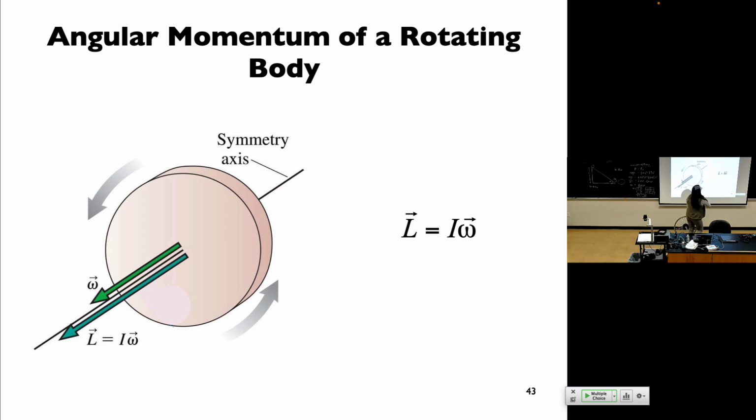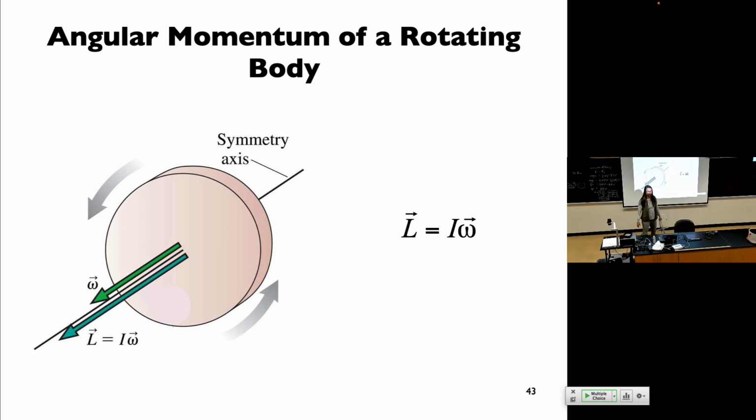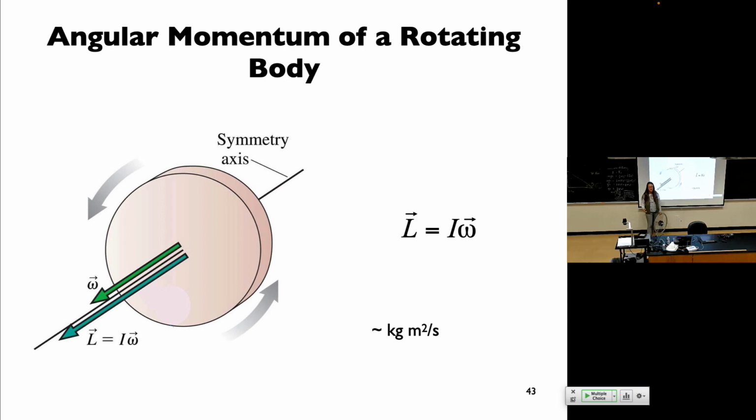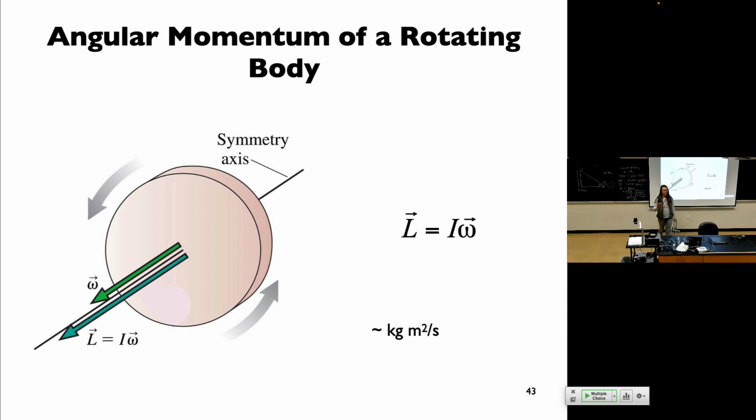So this is our new definition for the angular momentum, okay? Very stupid units of kilograms meter squared per second, and that's just the way it is. Some of these units suck. But it's very much like mass times velocity, just the rotational version of this, okay?